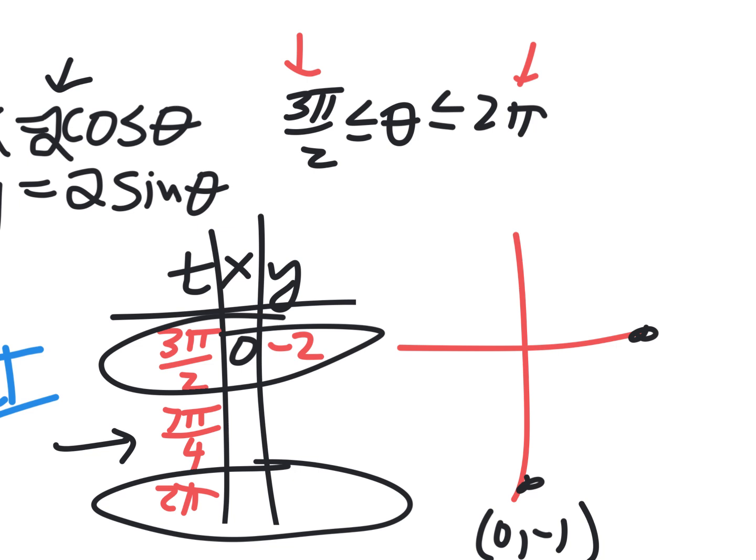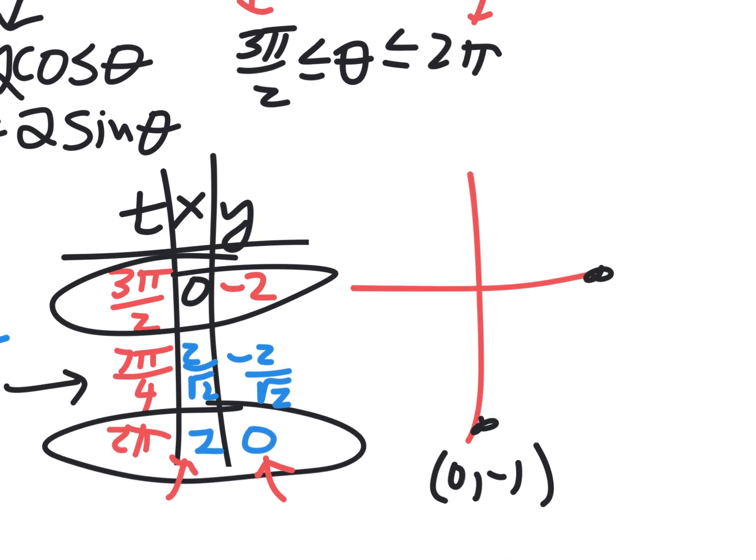Negative 2 is correct. All right, Cooper, would you read me these last 2 at the bottom? If you use 7 pi over 4, there'd be your point. And the last one? X would be 2 and 0.